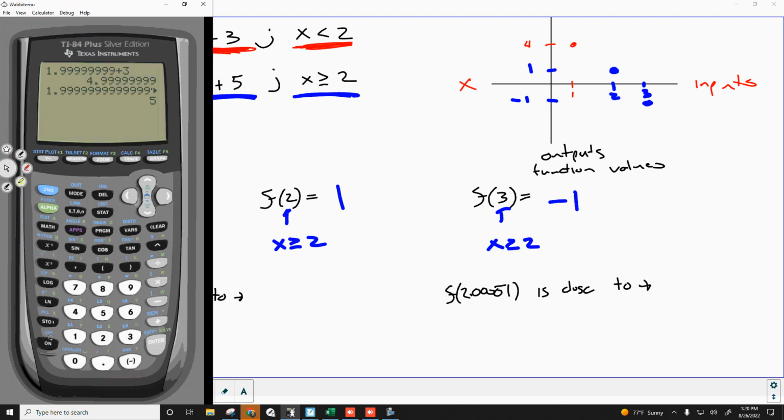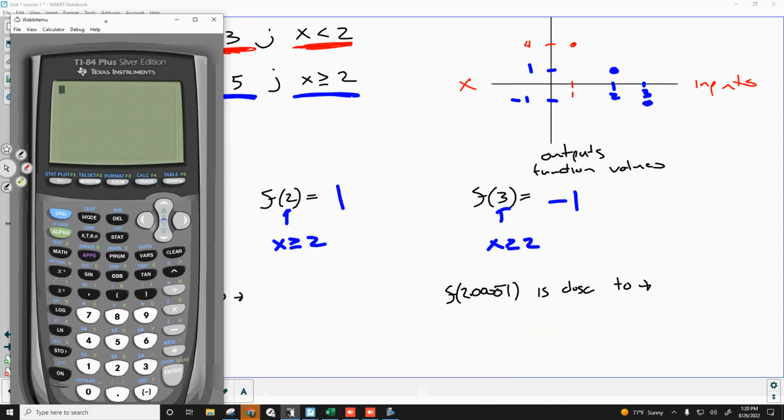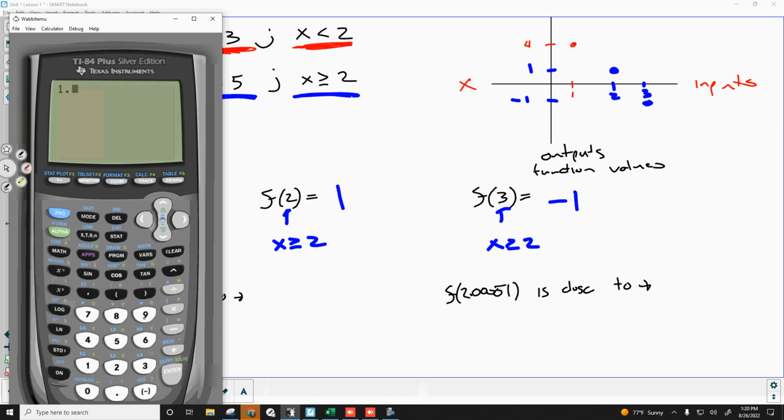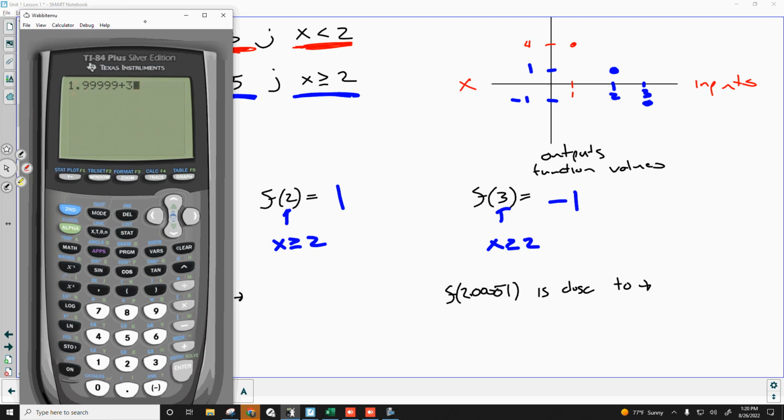On my calculator, I will plug in 1.9999, and then I'll add 3 to it. So I plug it into the x plus 3 piece. We have 1.999, and I get 4.99. Now immediately you look at that and you're like, oh, that y value is close to 5.